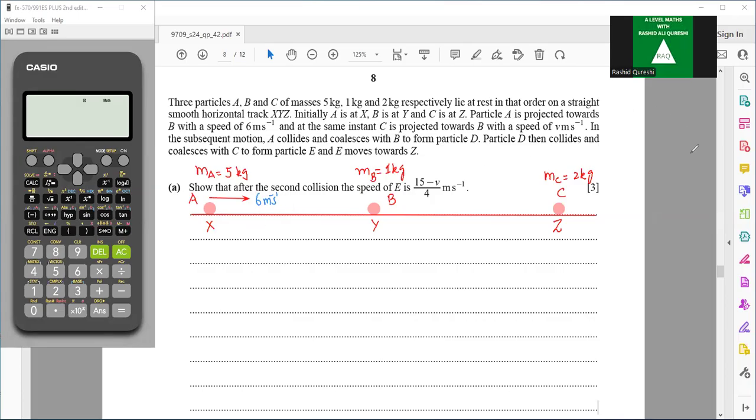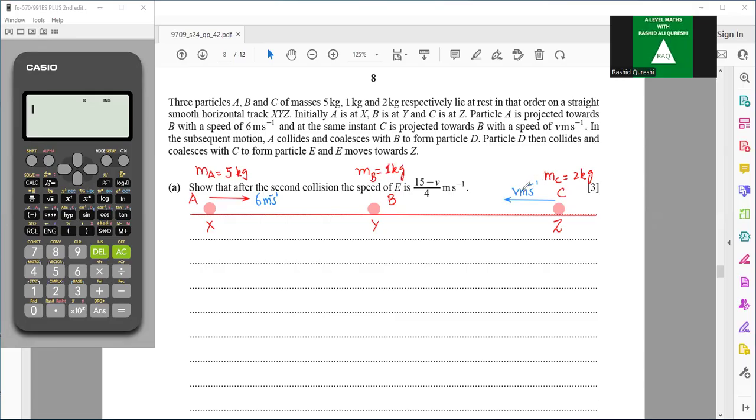Am I right? Now the second particle, B, is at rest. At the same instant, particle C is projected towards the point B with speed V meters per second. C is thrown in this direction, and its velocity is V meters per second.